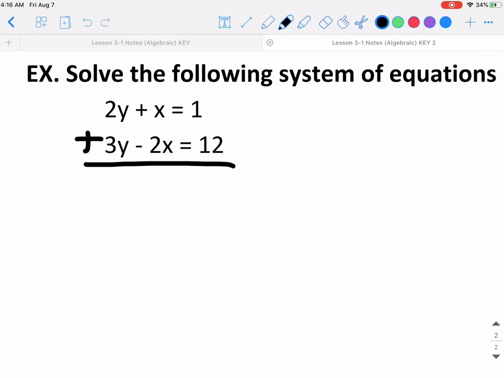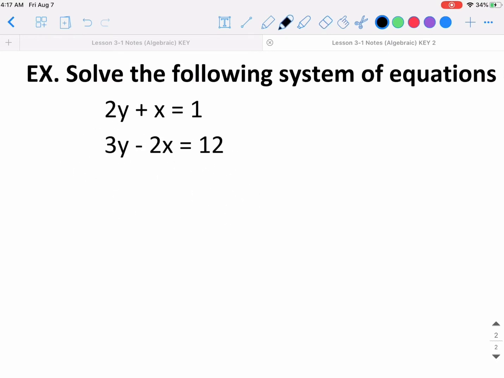I don't have the same coefficient with opposite sign for x. When I add this together, I'll get 5y minus x is equal to 13. And that doesn't eliminate any variable for me. I can only solve an equation that has only one variable. I can't solve when there's two unknowns. And I want to be able to get a number for these variables.